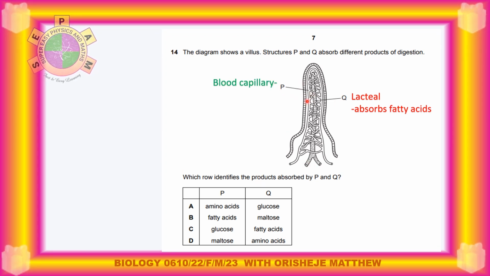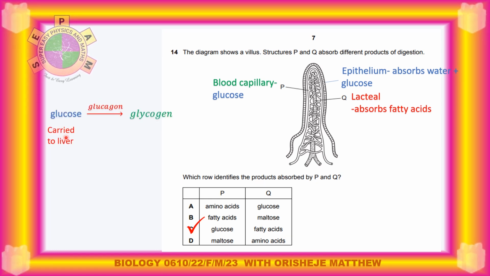P is the blood capillary, which helps to assimilate glucose. Then you have the epithelium, which absorbs water and also glucose. So if you can identify the parts, the correct answer is C.